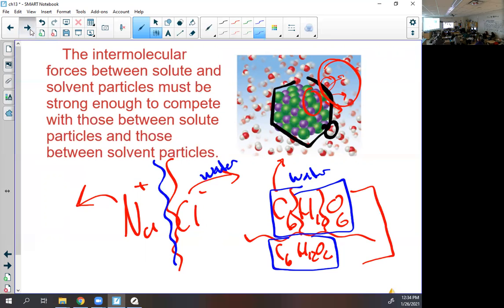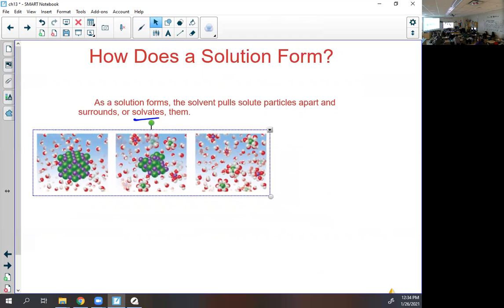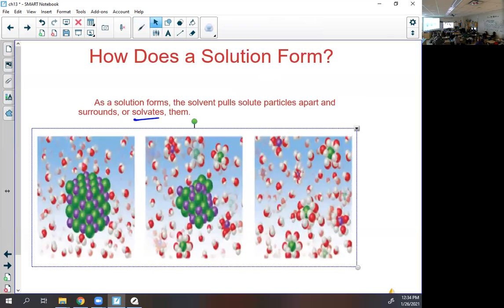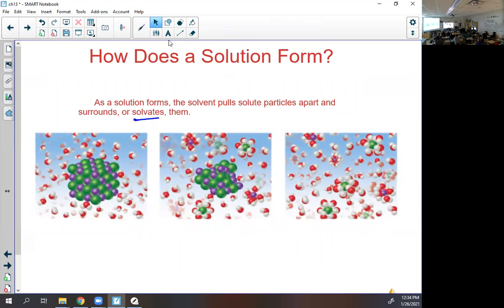All right, now, how does a solution form? You should read this section. As a solution forms, the solvent pulls solute particles apart and surrounds them, or solvates them. The AP tests find it really important that you can draw representations of solutions.